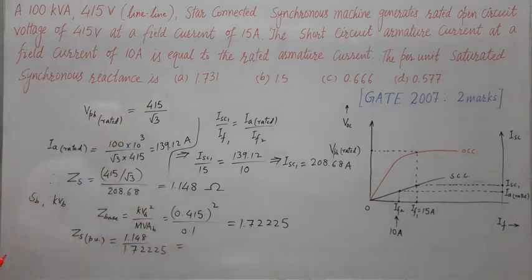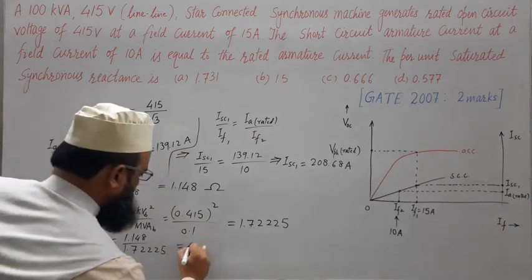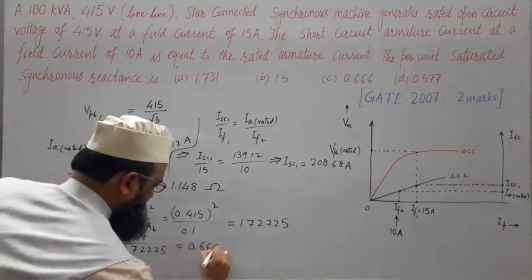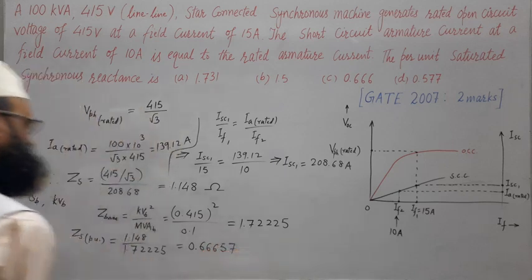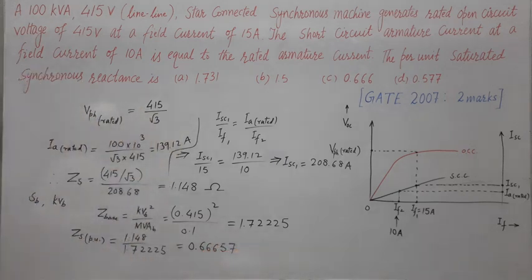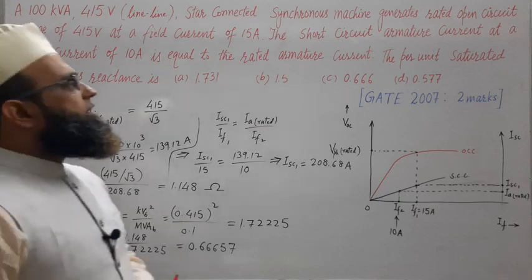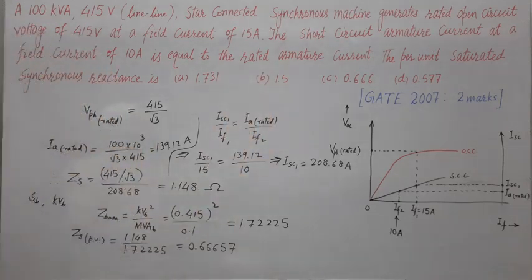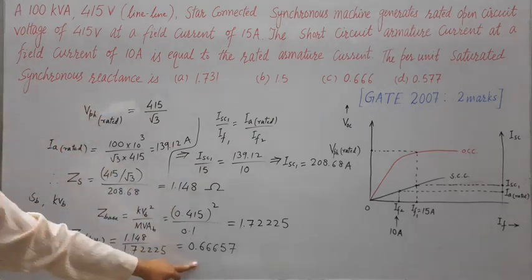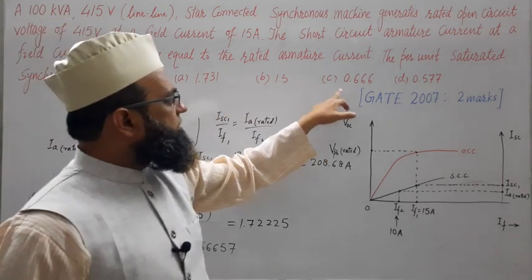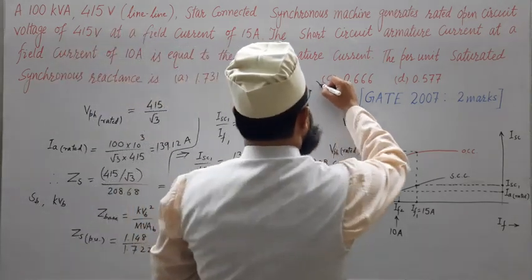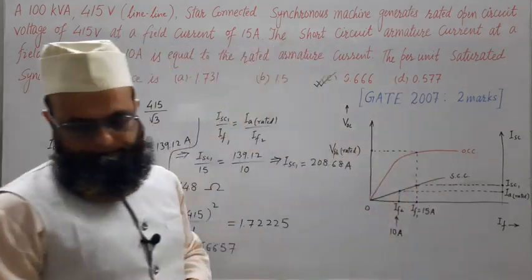So this is coming out to be 0.66657 in per unit. And as stated earlier, if RA has not been mentioned, then by default it is ignored. So the same will be the value of per unit saturated synchronous reactance. So the nearest value out of the 4 options is this C, hence C is the correct answer. Fine.